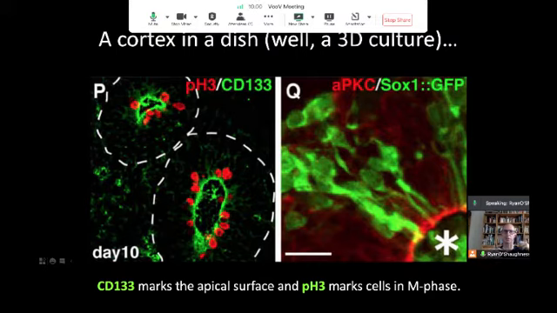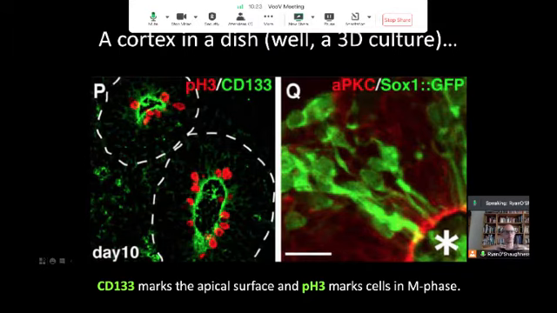And you can see that these embryonic bodies are developing the characteristics of brain tissue. And they also form the correct kind of structure. So we have an apical surface of these cortex organoids, and we can see that these cells are dividing in the right area next to the apical surface.